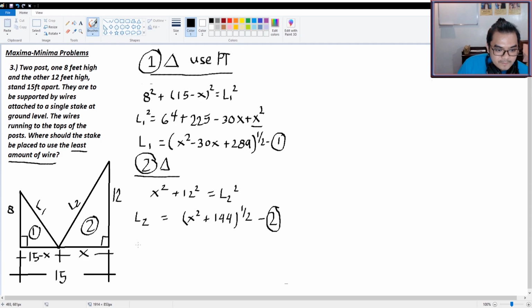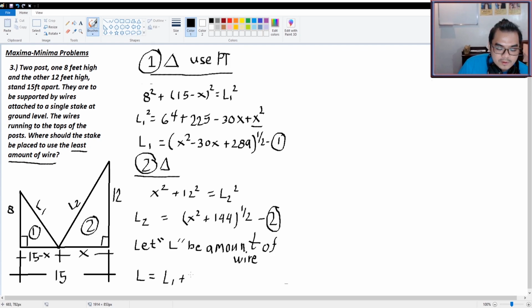So let L be the amount of wire needed. Therefore L must be equal to the total length of wire, which is L1 plus L2.